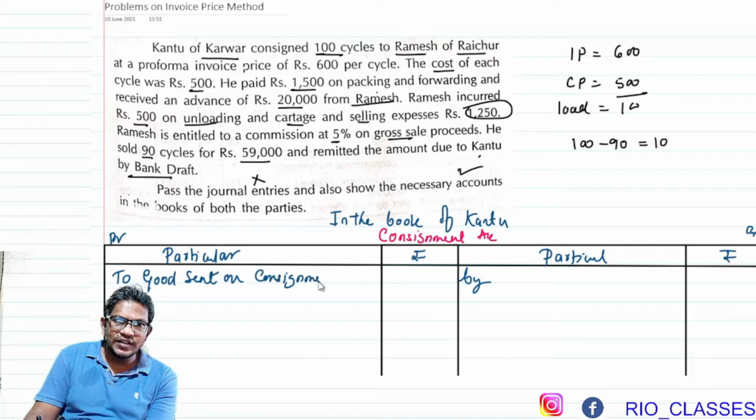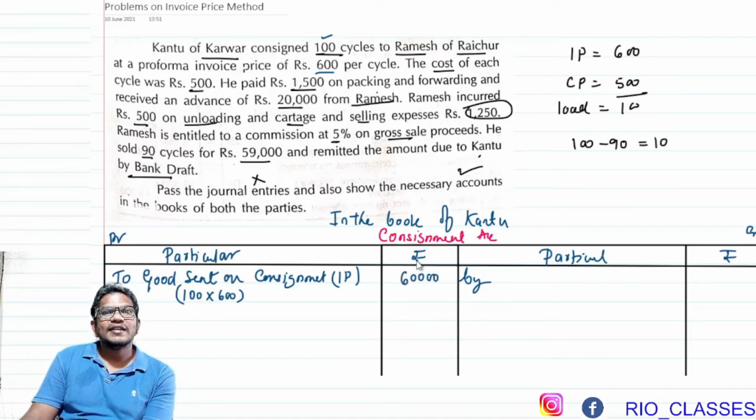Since we are solving the problem on invoice price, write IP here, invoice price. How much is that? Very simple. 100 cycles at 600 each, so 100 multiplied by 600 comes to 60,000.